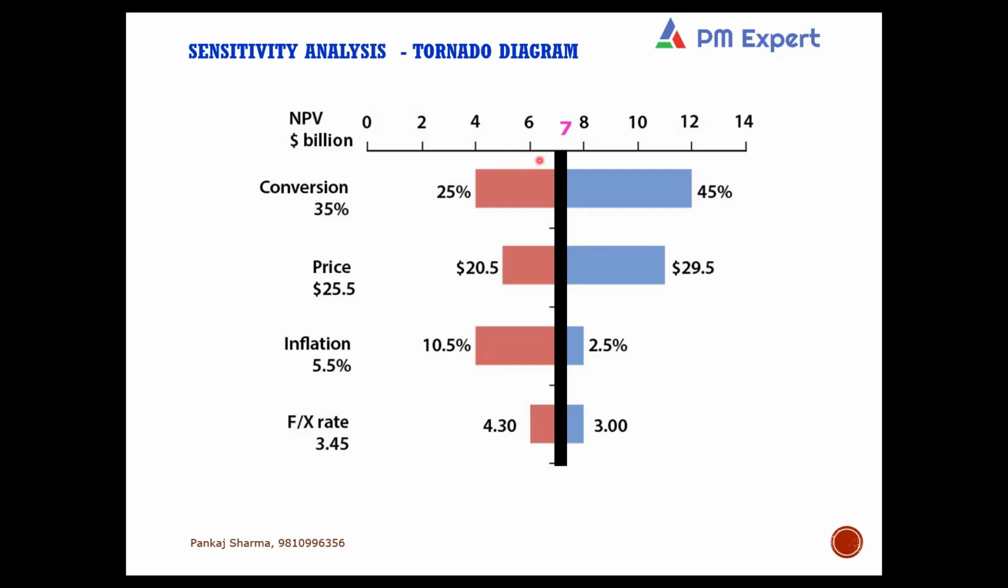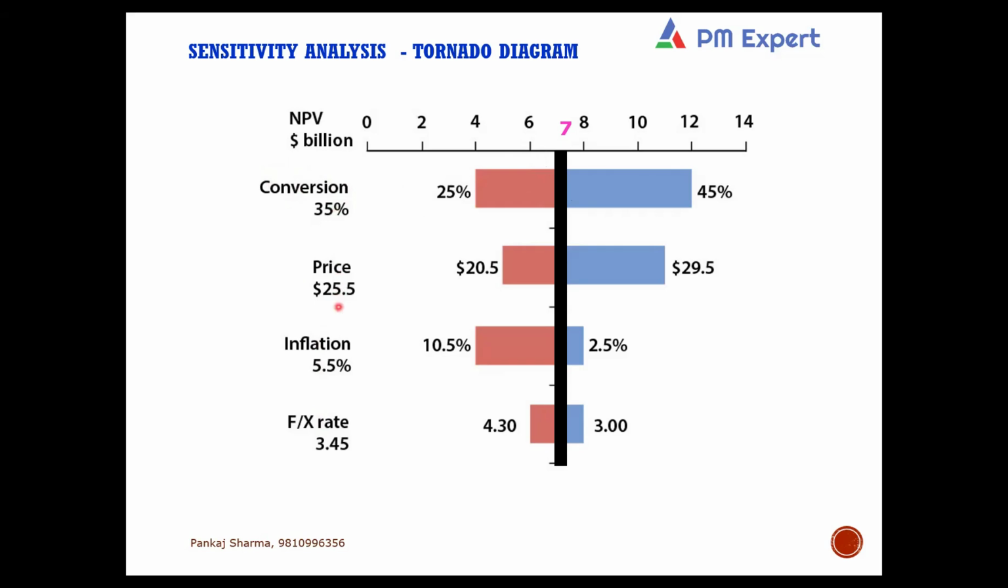These are different risks: risk 1, risk 2, risk 3, and risk 4. When we see the impact of risk 1 on the program objective, we assume that this is the only risk. We will not think about risks 2, 3, and 4.